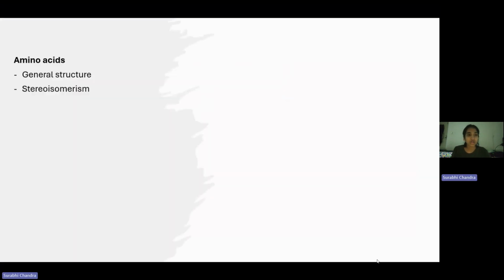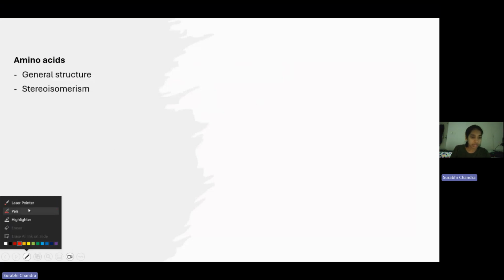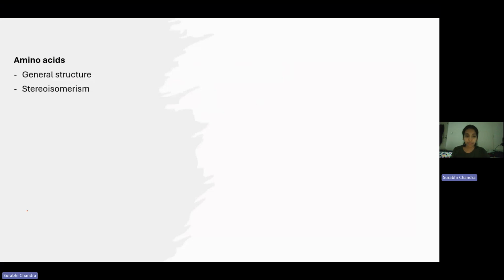Now let's move on. We will look at the general structure of amino acids, which is basically: we have a C atom here, there's a carboxyl group here, there is an amino group here, and this is the R group, which can be any functional group.